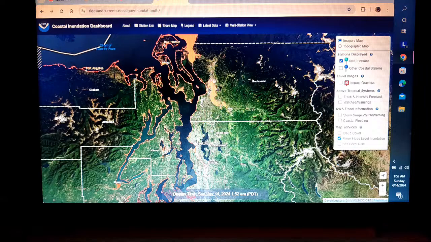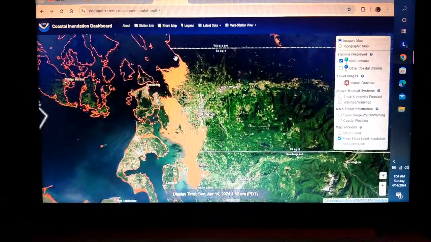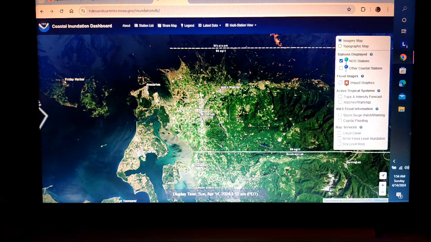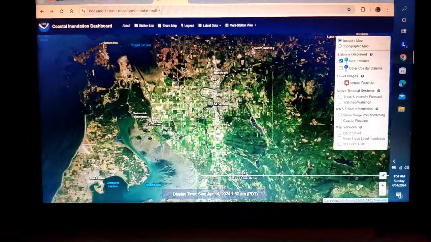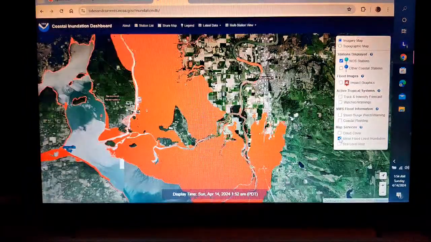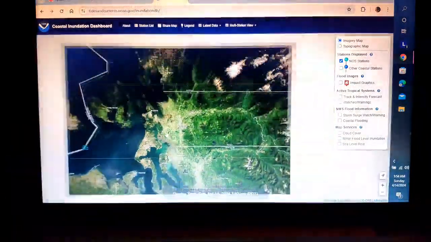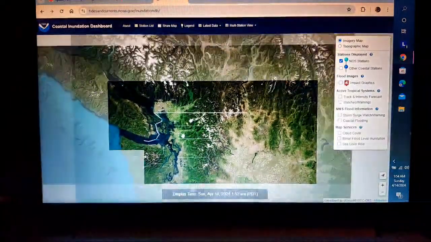You get to see right in that area is going to be inundated pretty well. Up in this region as well. There, let's take it off real quick. You can see it. All right, so causing inundation now on the West Coast.